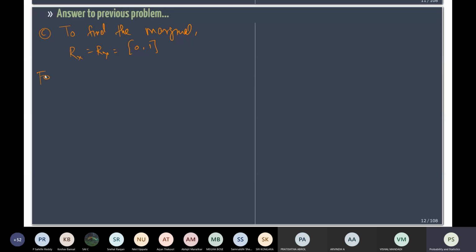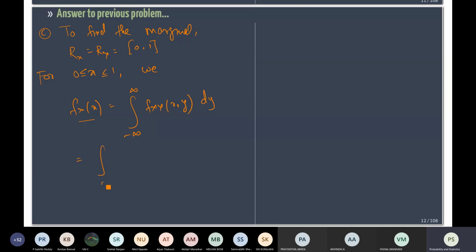So for 0 less than or equal to x less than or equal to 1, we have f_X(x), and we integrate out, right? So minus infinity to infinity, f_XY(x,y). Since I'm computing the marginal with respect to x, I will integrate this out with respect to y, right?